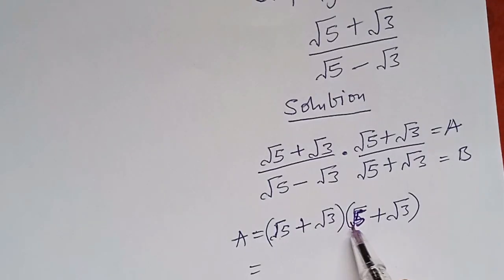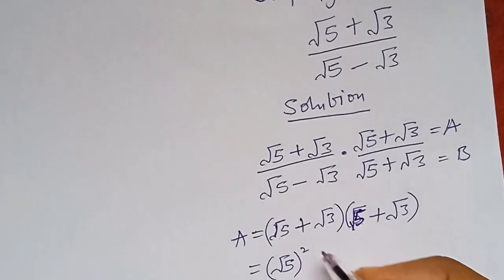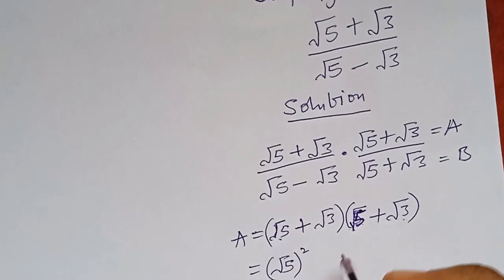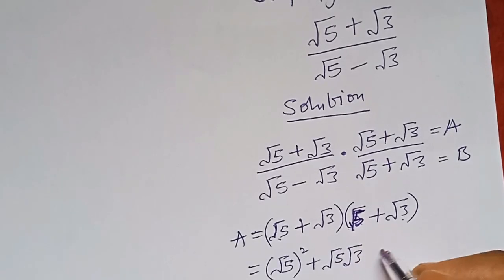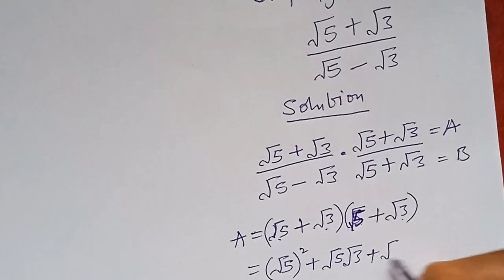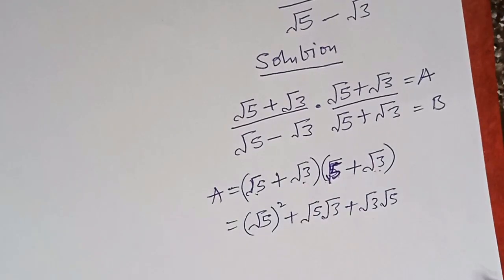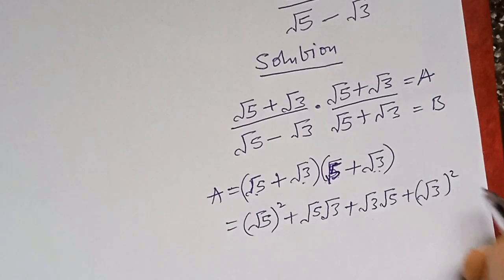This multiplied by this will give us square root of 5 squared. Square root of 5 multiplied by square root of 3, we have plus square root of 5 multiplied by square root of 3. So we also multiply this, we have plus square root of 3 times square root of 5. Then we multiply this to have square root of 3 squared.